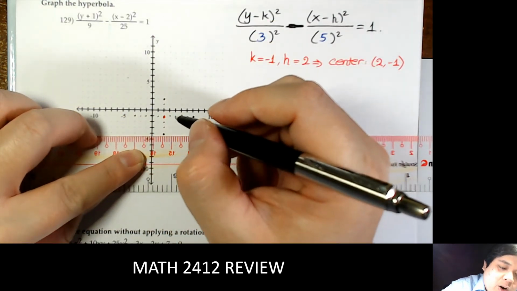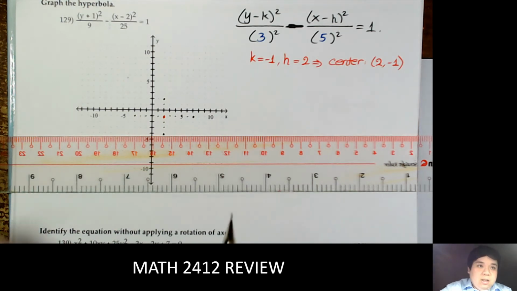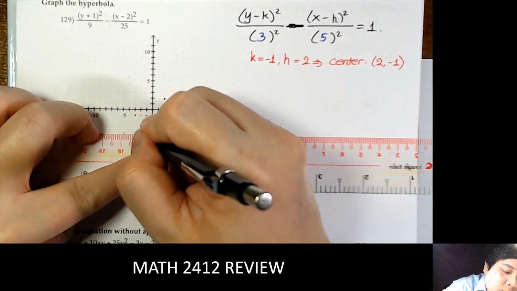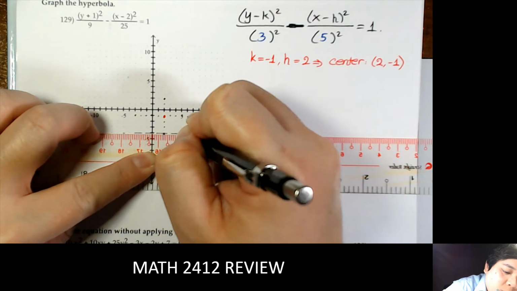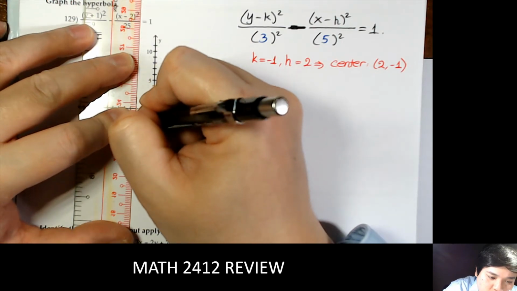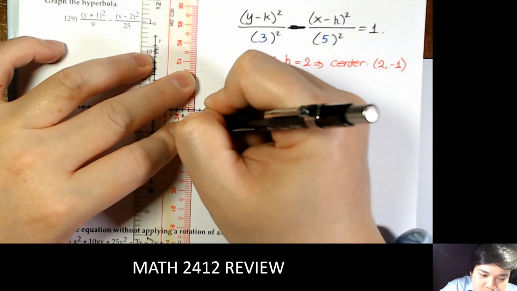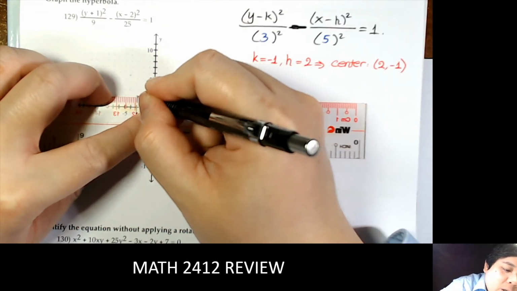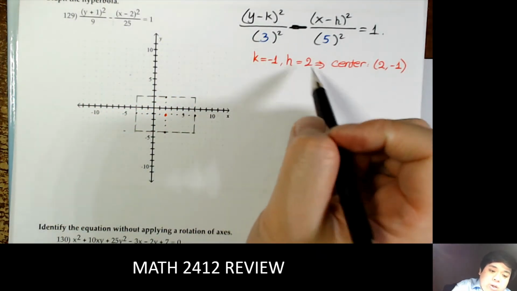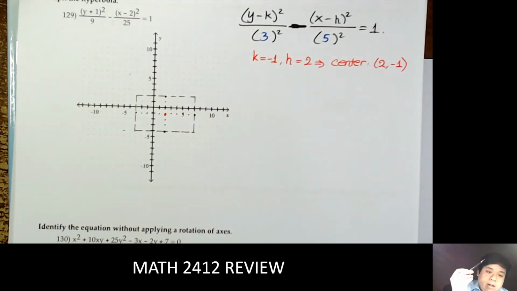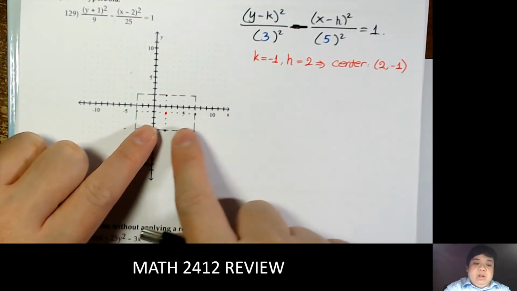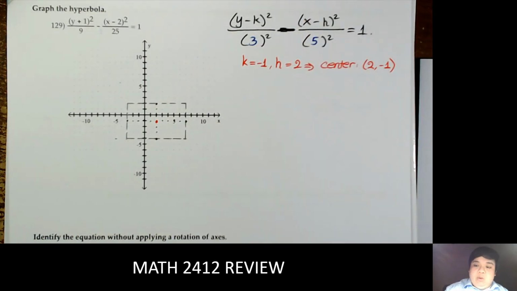And then we can draw a box. So once again, we start from the center, 2 and negative 1, and then we go up 3 units because 3 squared is below the y squared, and we go left and right 5 units because that's what we have below the x squared.